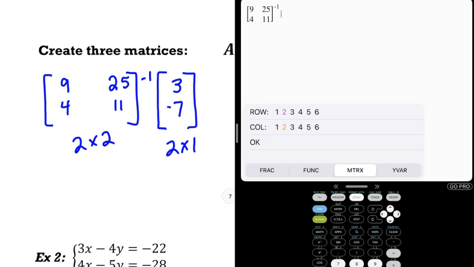So change it to a 2 by 2. Put in those values. And then hit the button for inverse. Everybody should be doing this with me, same time.